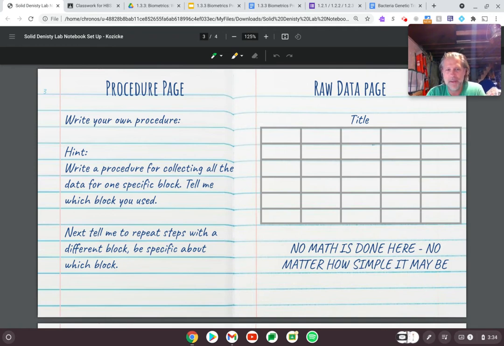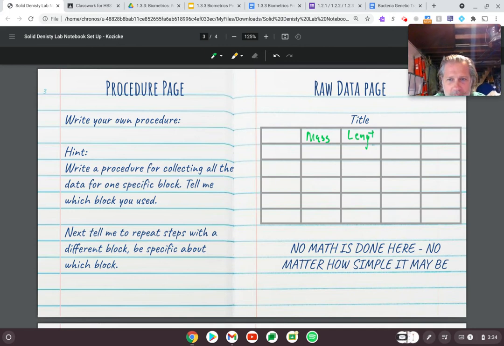And when I put that on the balance, I'm going to record my mass. So if I were to have my raw data table set up, I might have mass, and then length and width, and height.